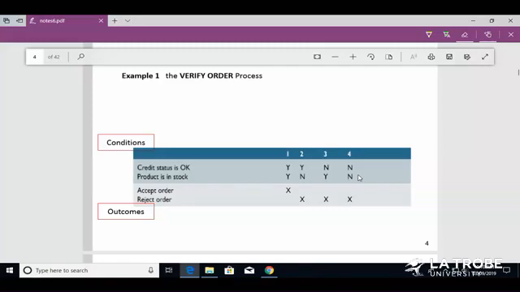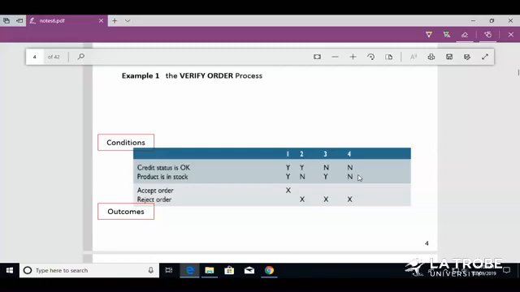When we have 2 conditions, 2 power 2 is 4. 2 power 3 is 8 rules. 2 power 4 is 16 rules, and so on.